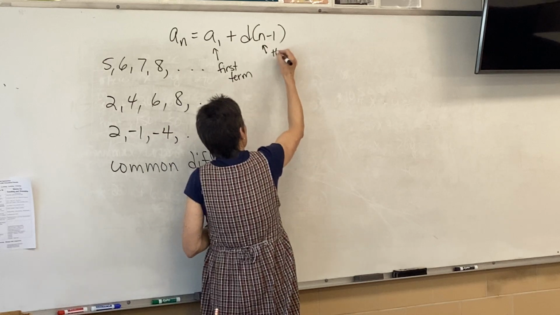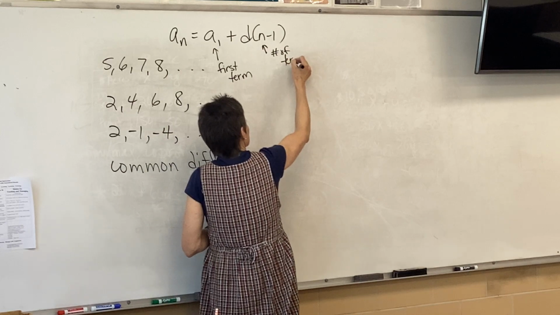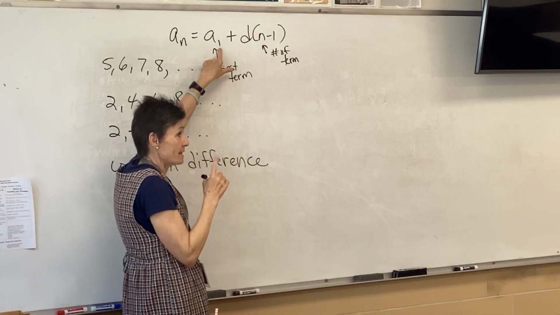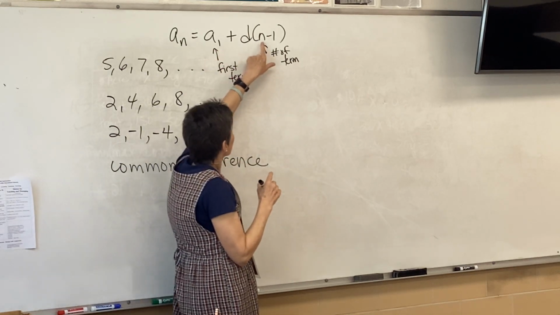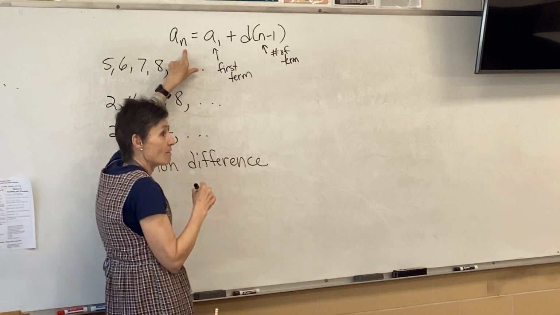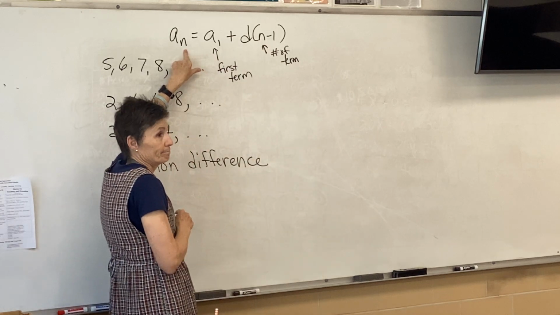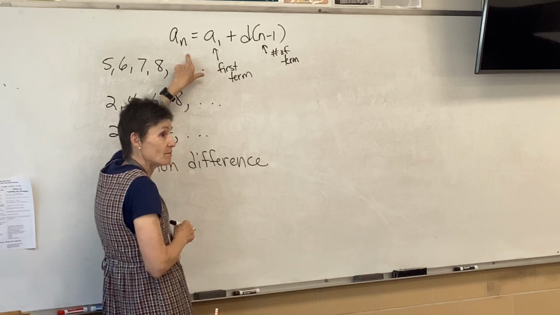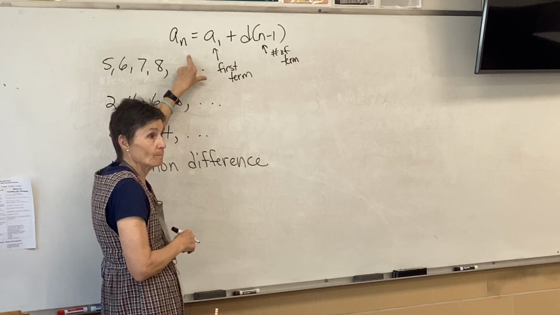N is the number of terms. So 1 means first term, and N means the nth term. So A sub 6 would mean the 6th term.